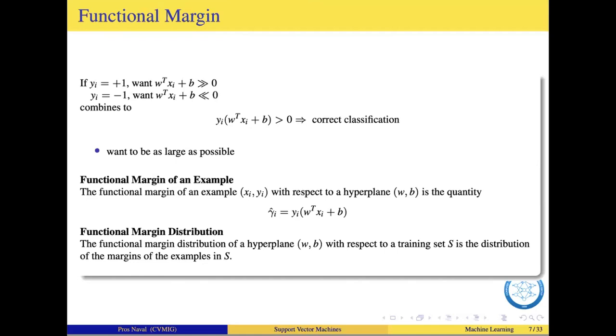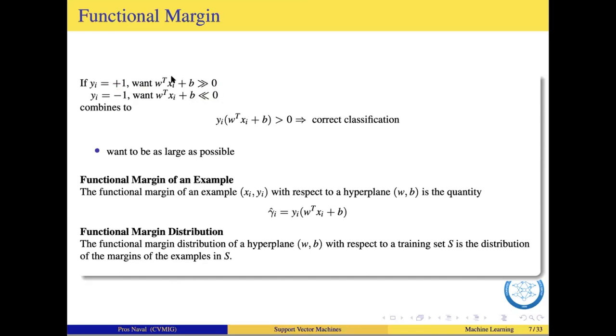Let's first define the so-called functional margin. If our desired output is +1, we want W transpose Xi plus B to be very much greater than 0. And similarly for the case where our label is -1, we want this quantity to be very much less than 0.